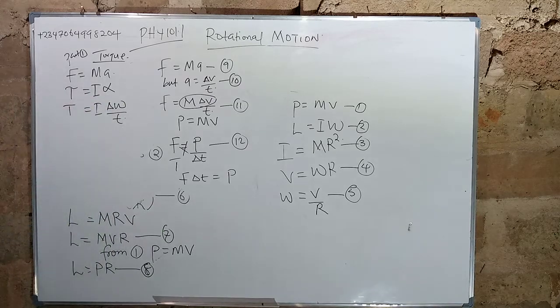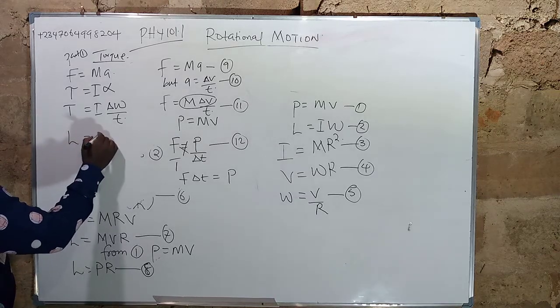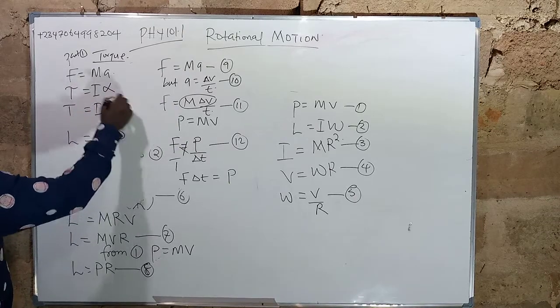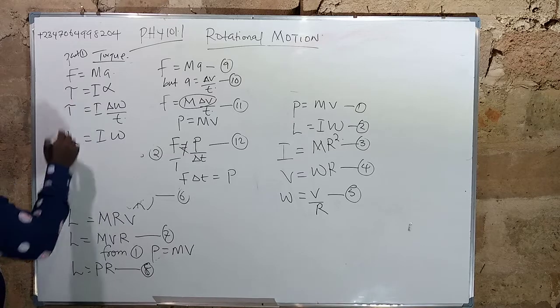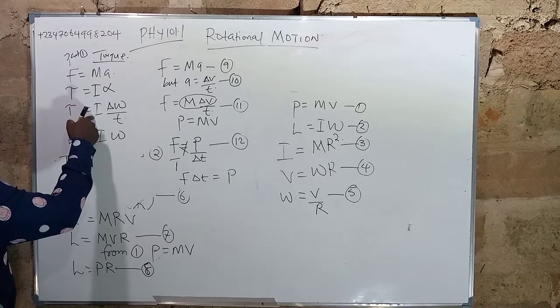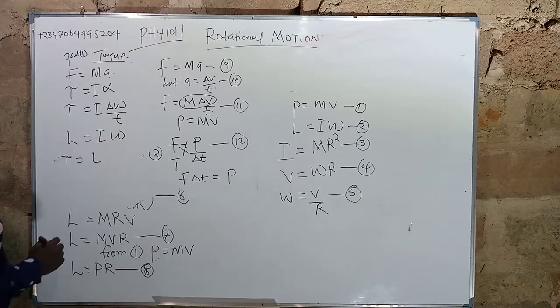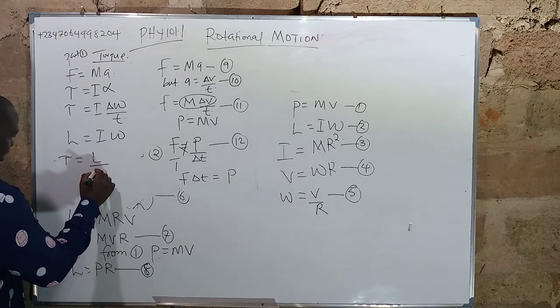Now, look at this. There is a relationship there. Can you get it? Yes, I proved that before. I proved to you that L is equal to I omega. So if I replace this whole thing with L, torque will now be the angular momentum all over time.